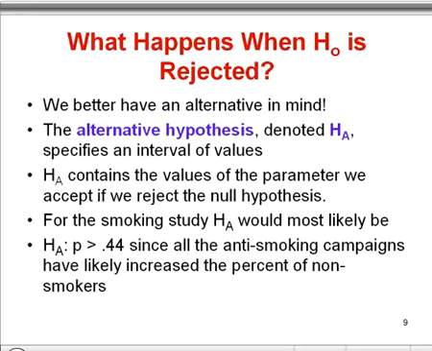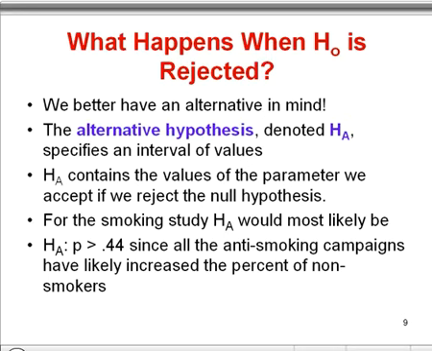So, in a test of significance, we compare data collected during an experiment to what we would expect to observe if there was no effect. This comparison gives us evidence either for or against the null hypothesis.